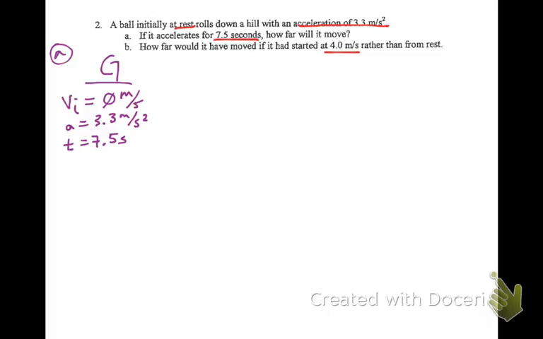Our wanted is how far will it move? So our displacement. Our equation that we're going to use for this, the equation that deals with all of these, so displacement, initial velocity, acceleration, and time is my favorite one. D equals VIT plus 1/2 AT squared.